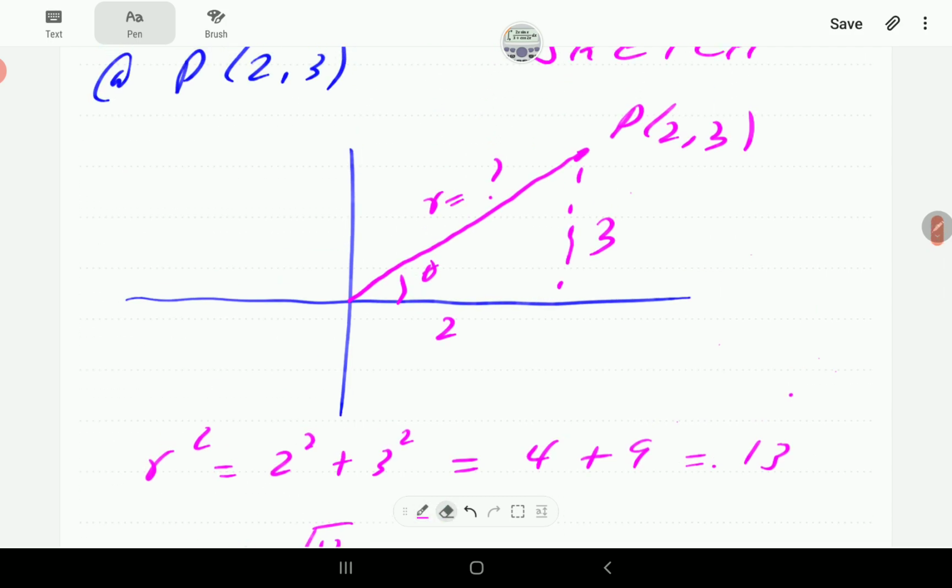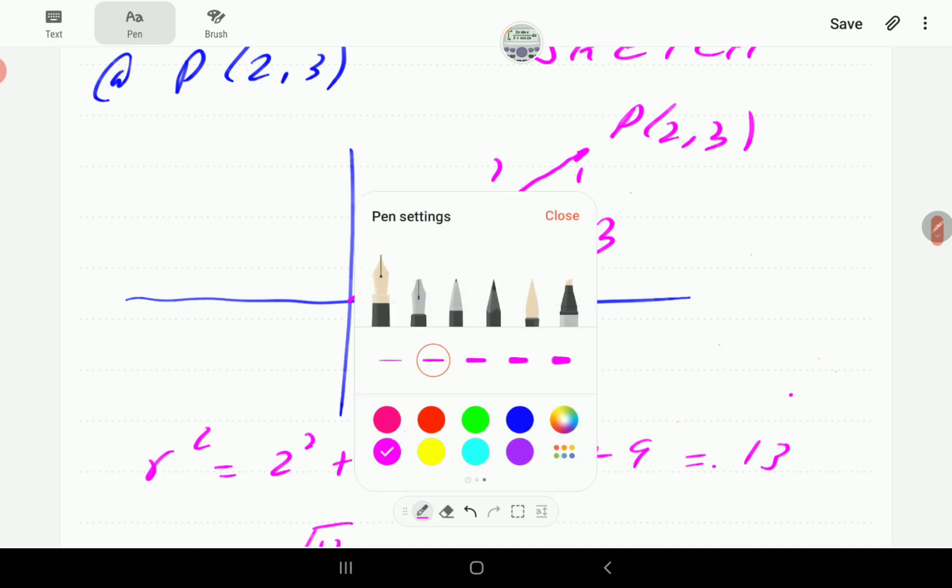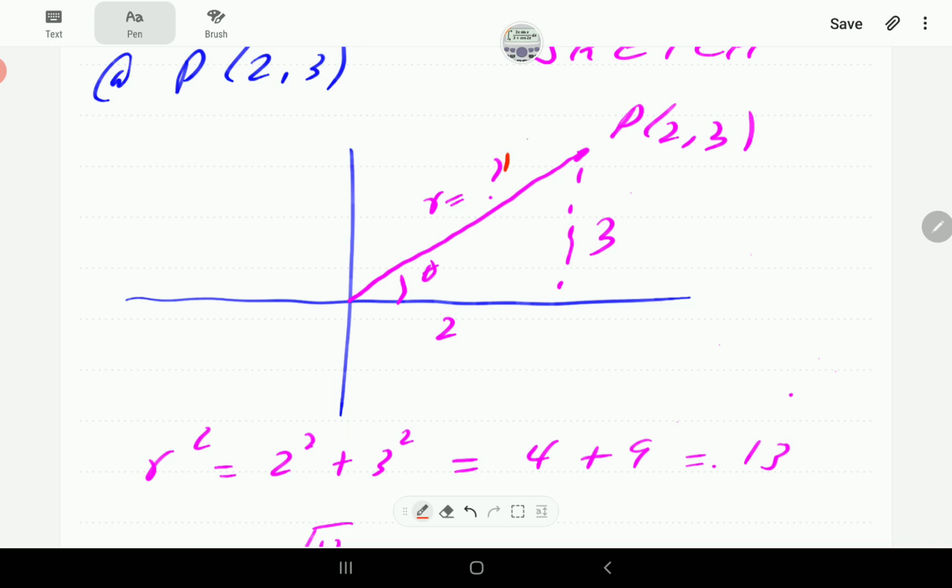So we can now plug in square root 13 here. Once we have that, we are in a position to write sine theta. Sine theta is the opposite, 3, divided by the hypotenuse, square root 13.